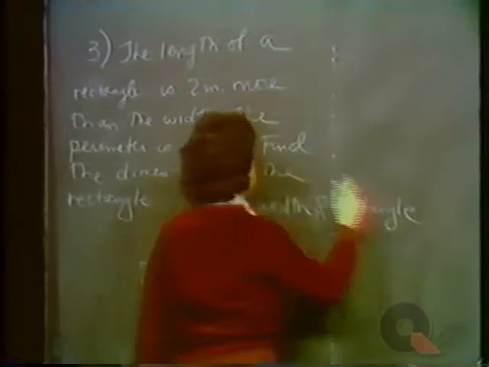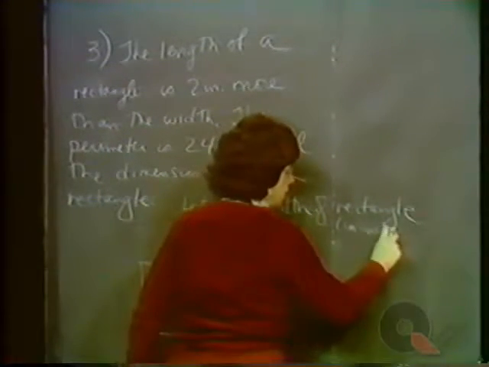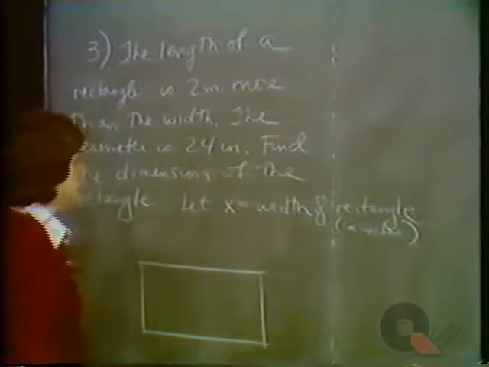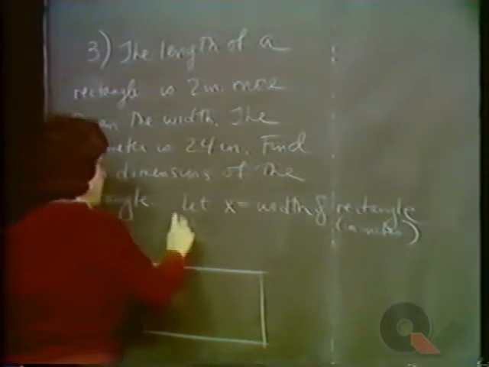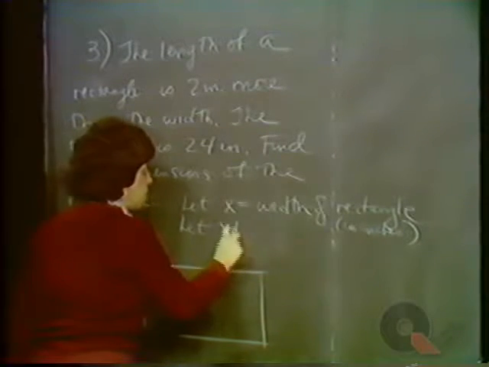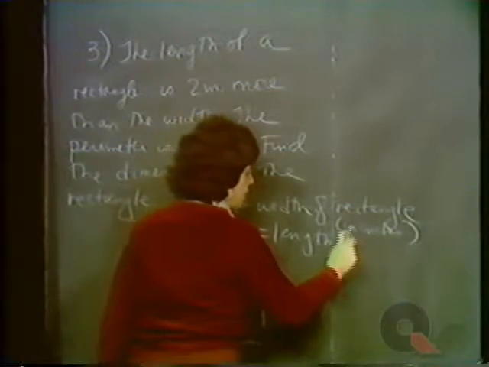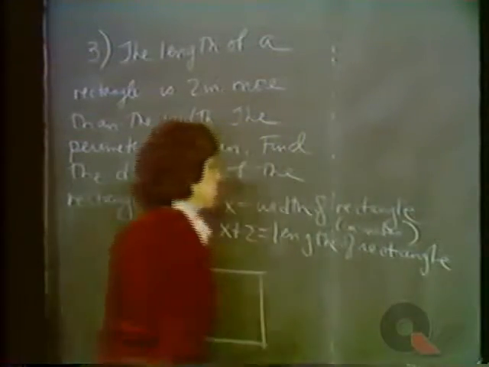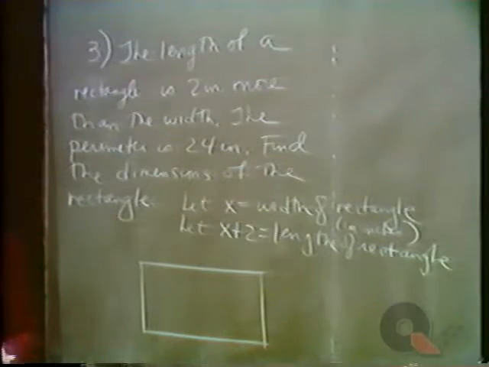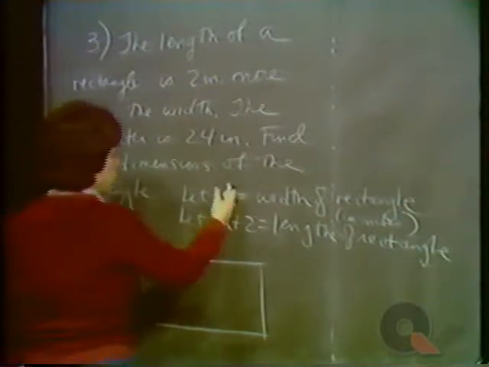Strictly speaking, it's the number of inches in the width of the rectangle. This is in inches here. And since the length is 2 inches more than the width, we will let x plus 2 denote the length of the rectangle, also in inches. The length is 2 inches more than the width.